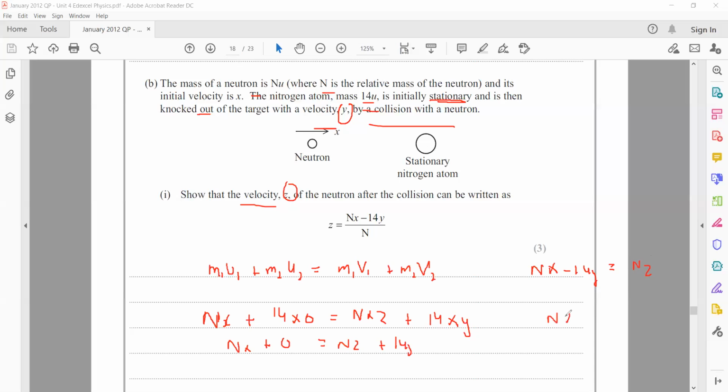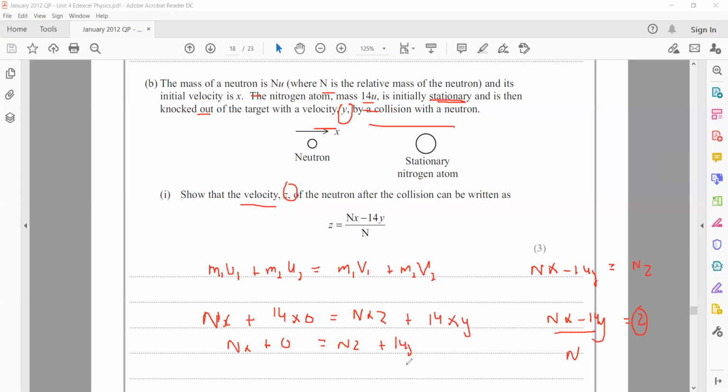So we can say (nx minus 14y) divided by n is equal to z. Is it clear? Yes, sir, clear. We used the principle of conservation of momentum and just variables because we don't need an exact value here. We just have to show an equation according to the question.